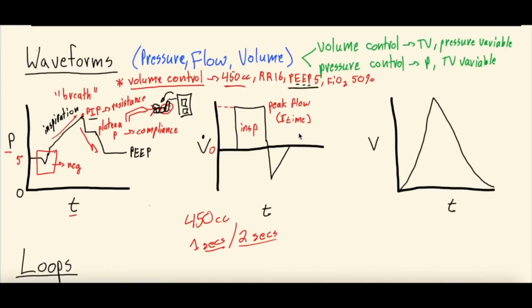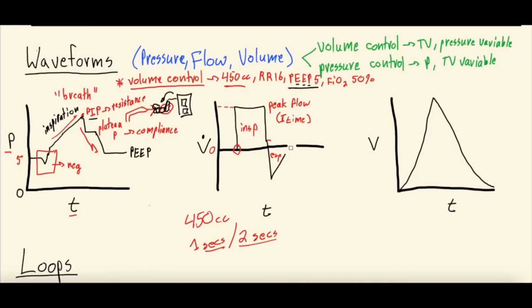Hopefully it does. This bottom part here is expiration, right? So negative flow, they're expiring back at the ventilator. And it should always return to 0 here, right? It starts at 0 and it returns to 0. Again, we're going to go into abnormalities at another time, but something you sometimes see is if this does not go back to 0.